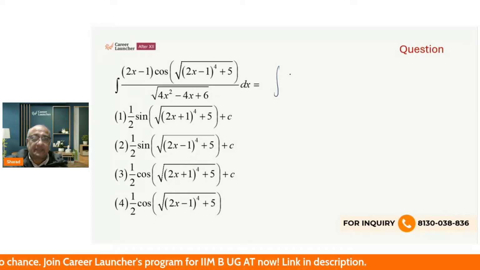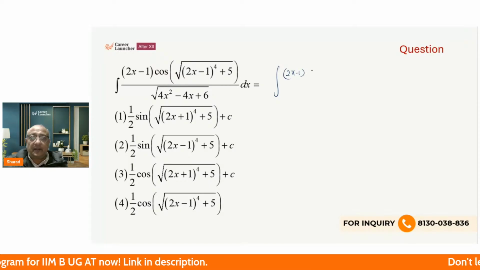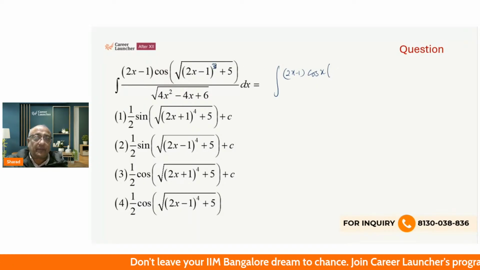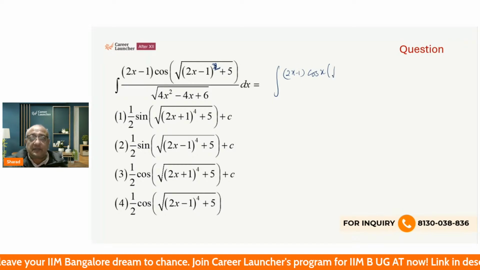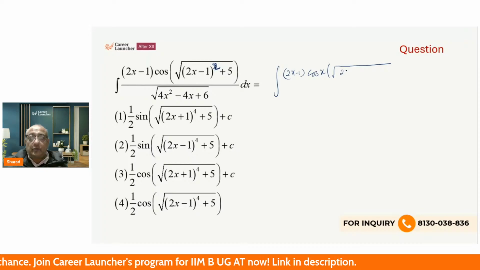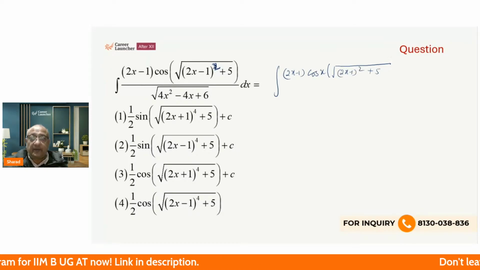This is integration of, this is the key, 2x minus 1, which is here. And you will have cos x, right? This is 2x minus square. Please forgive my mistake. This is here. If I write it, it will be equal to 2x minus 1 whole square plus 5, which is I'm rewriting the stuff.